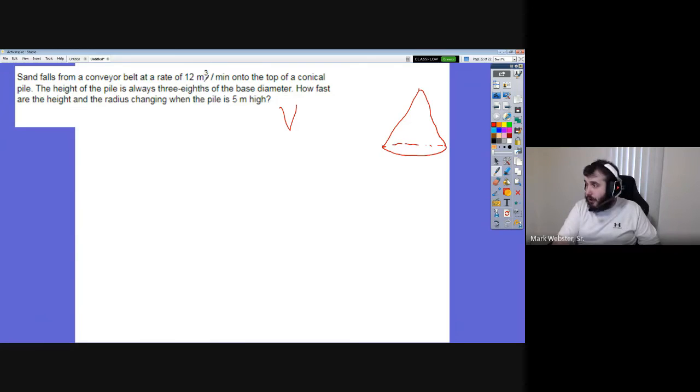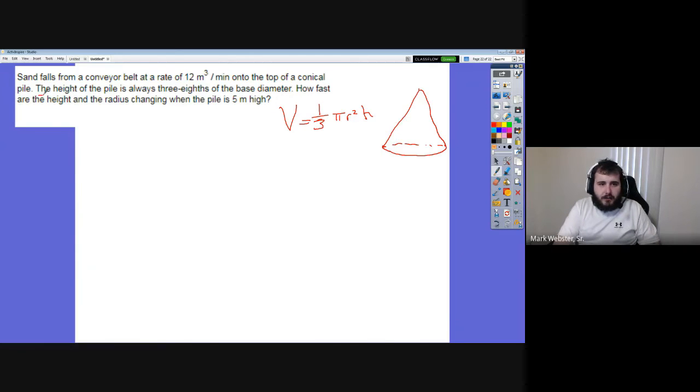Meters cubed, right? Volume. Right? 1/3 times the area of the base times the height. So the area of the base is a circle. So pi r squared h.